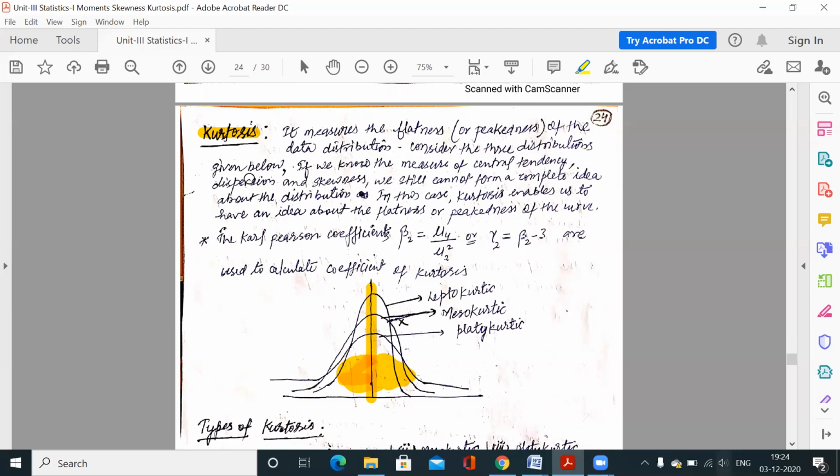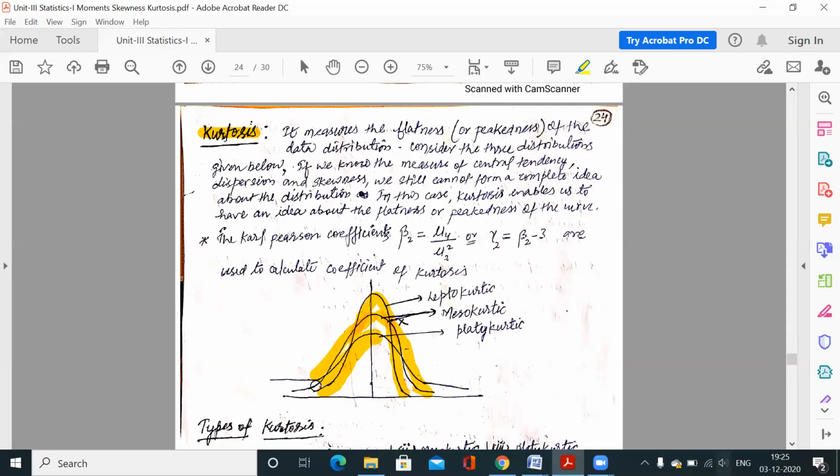Now the skewness. What is skewness? If you take this first distribution, again this is the central value, and on the left-hand side and right-hand side we have a mirror image, so here the skewness is 0. For the second figure we also have a mirror image, meaning the data is symmetrical.